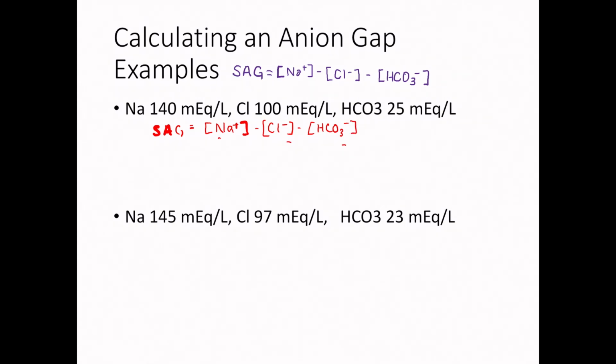Again, pluses minus minuses. So 140 minus chloride's 100 minus bicarbonate's 25. Your serum anion gap is 15.